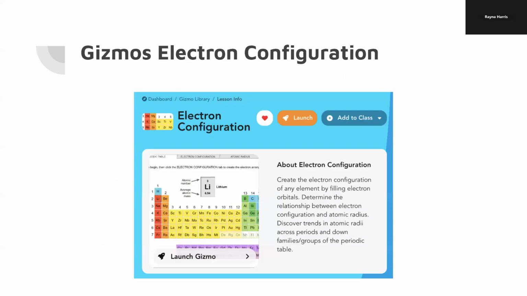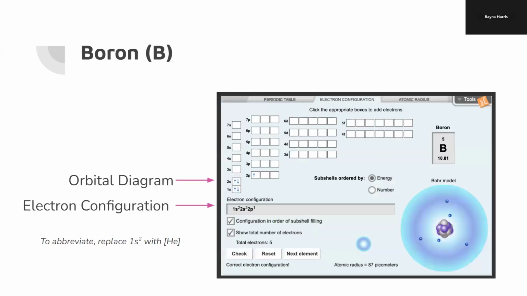Okay, and if you go to the gizmos that I gave you on Wednesday, this here is the electron configuration. It looks like 1s2, 2s2, 2p1 for boron. And this up top, these boxes with arrows, that is the orbital diagram.